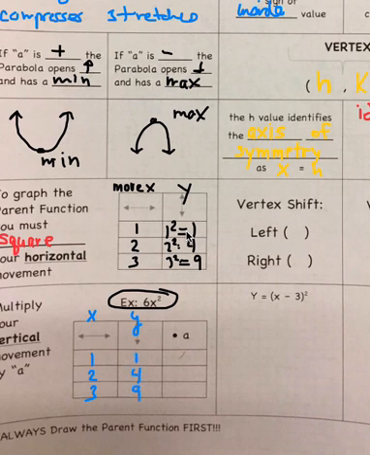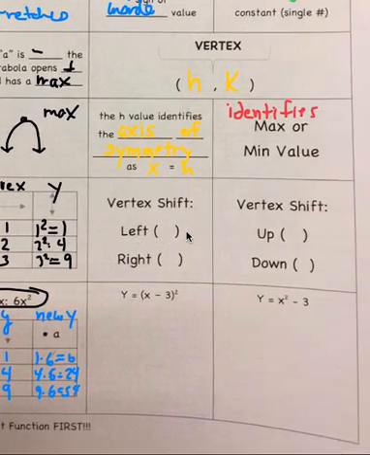But then in this case, we have a new y value because we have to multiply by a. 1 times 6 is 6. 4 times 6 is 24. And 9 times 6 is 54. So that's how much it moves when you are stretching it like that.